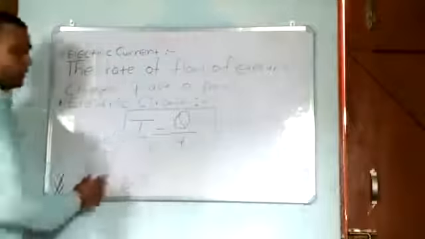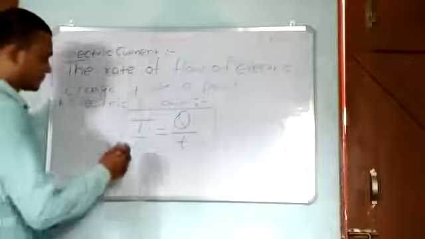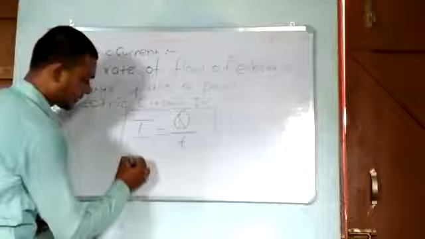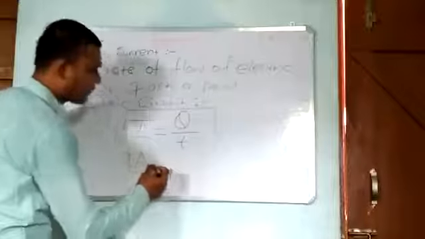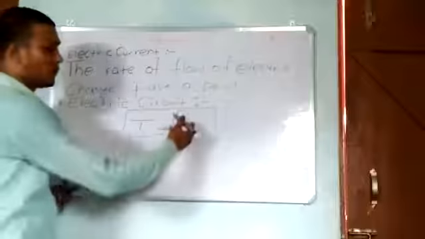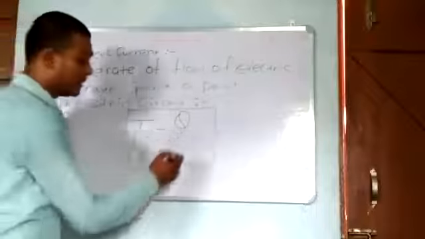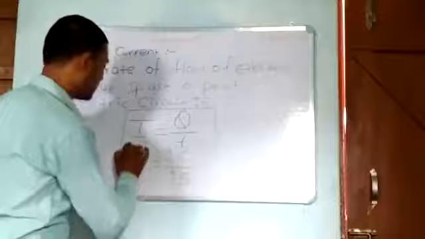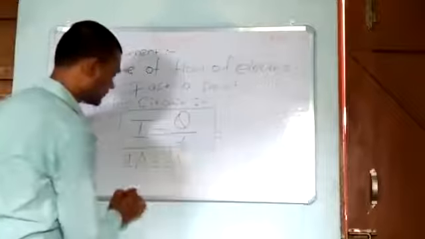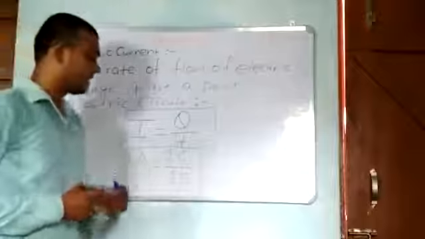The SI unit of electric current is ampere. The SI unit of electric charge is coulomb, and the SI unit of time is second.